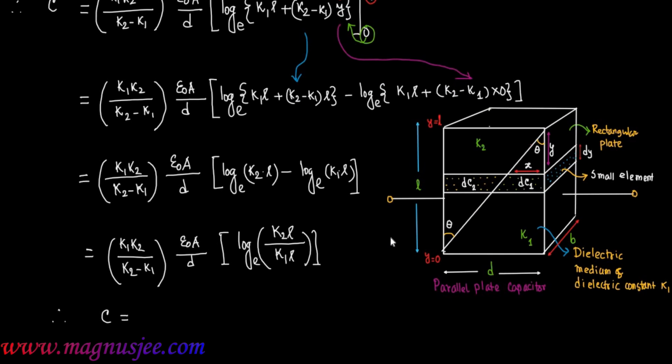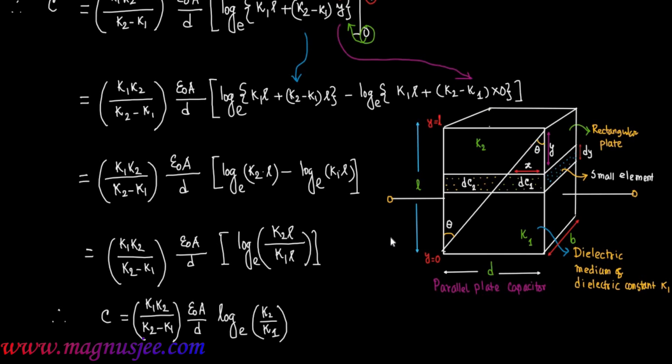Finally, we get the expression of C, which is equal to k1 k2 divided by (k2 minus k1), epsilon 0 A divided by d, log base e of (k2 by k1).